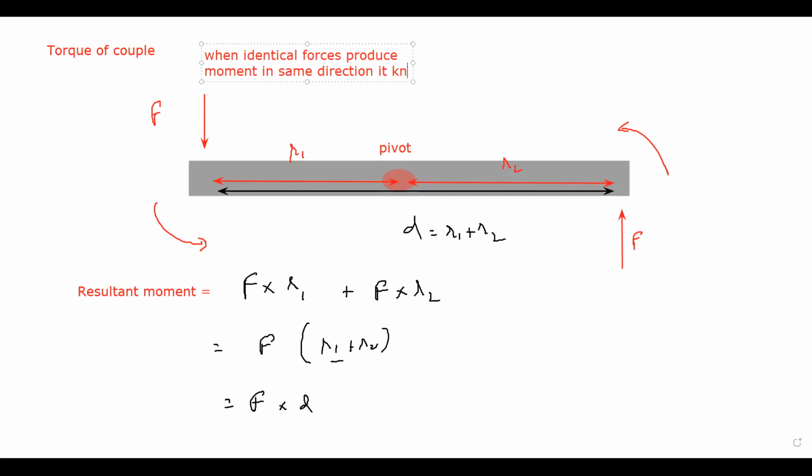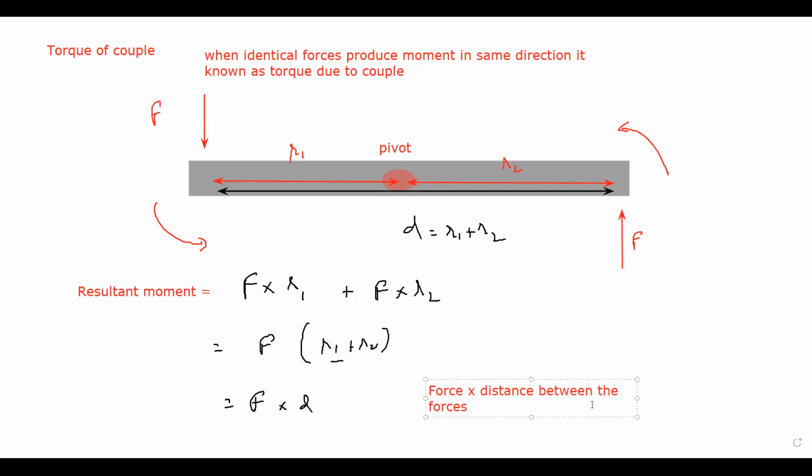It is known as the torque, or the turning effect, or the moment due to the couple. And how can we calculate the torque due to a couple? It is basically the force multiplied by the distance between the forces. If the two forces are causing a moment in the same direction, we simply call that the torque due to a couple.